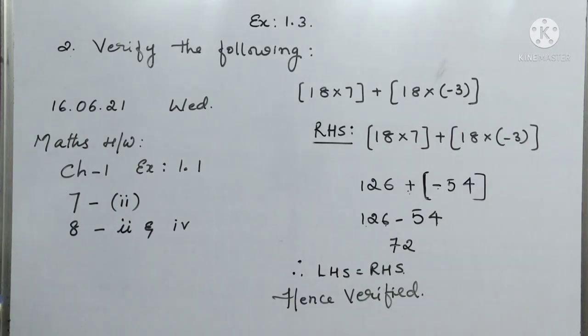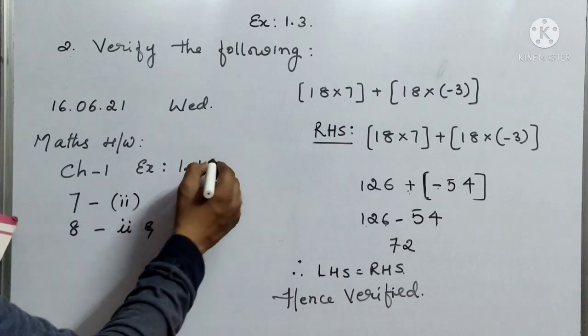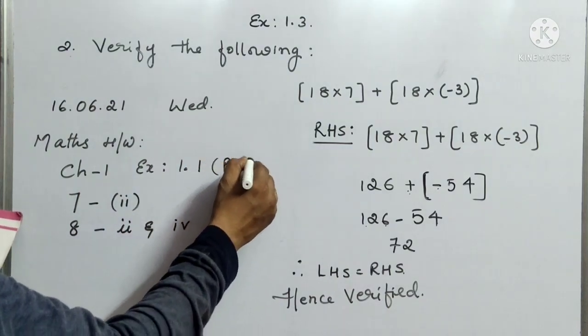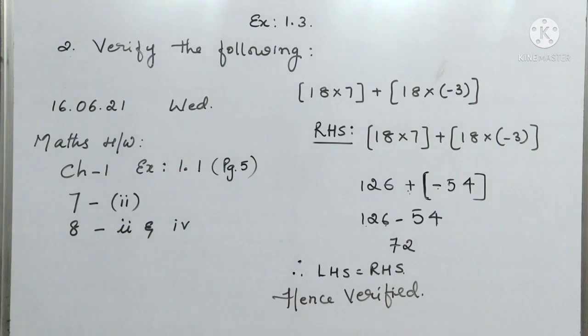And open your page number. Shall I write the page number here? This is exercise 1.1, page number 5. Okay, next exercise 1.3. See, nicely we are finishing the syllabus like anything.